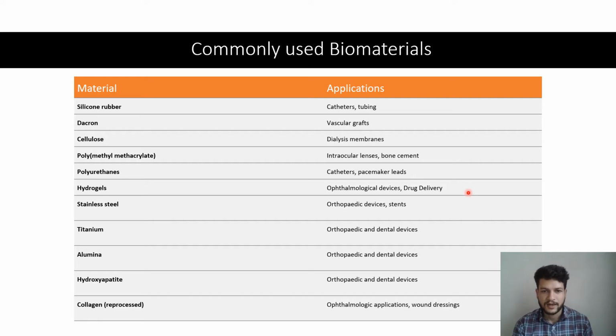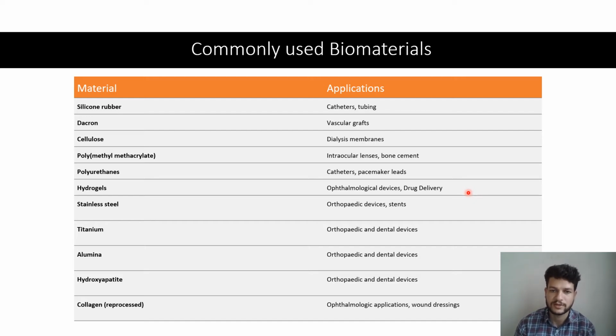Stainless steel is used to make orthopedic devices and stents, and these orthopedic devices are used as prosthetics in different conditions where they are needed.